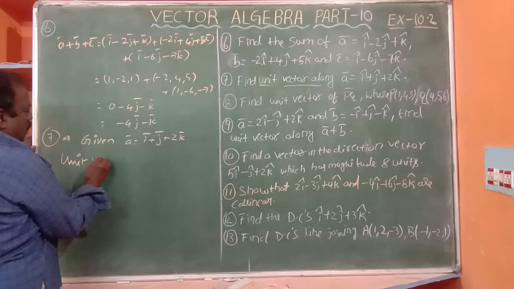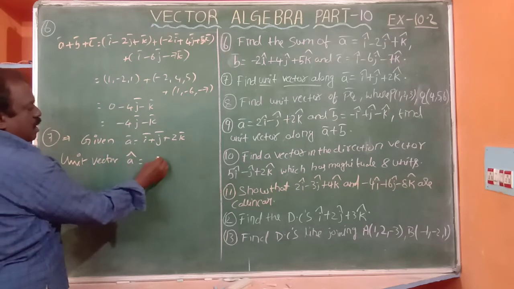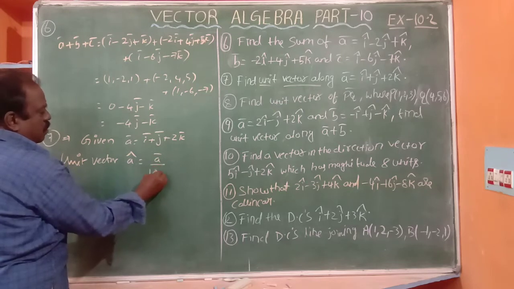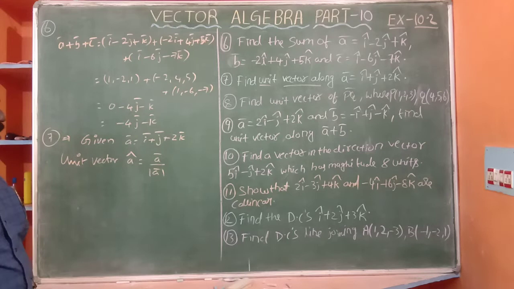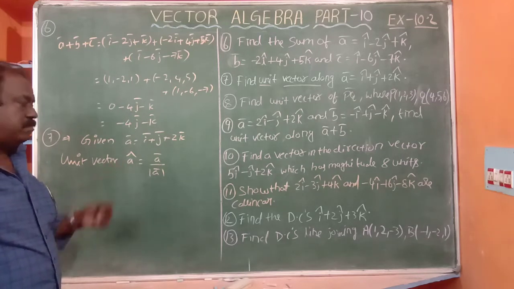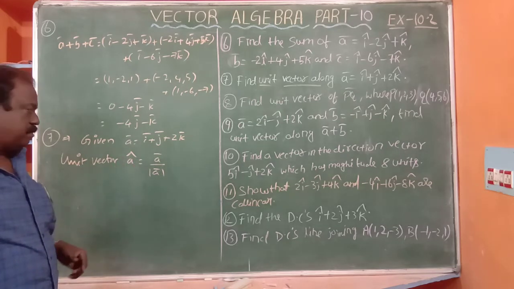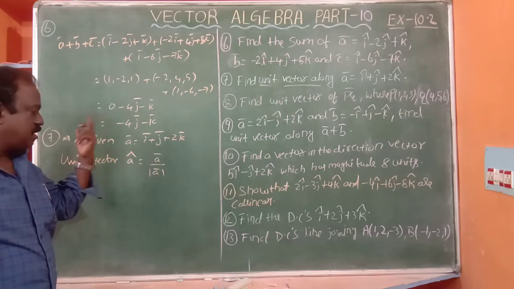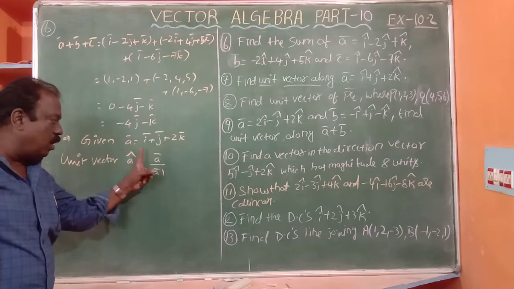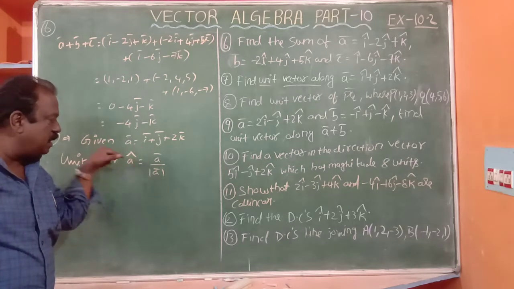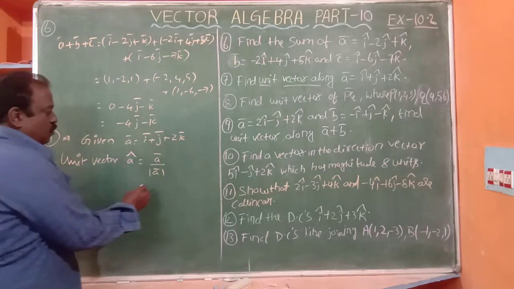Unit vector is A cap. A cap is A bar by modulus of A bar. Already I told you, X bar by modulus of X bar is X cap, like that. When a vector is divided by its magnitude, there remains only one unit of magnitude, but the direction is the same. Already we discussed it very well.